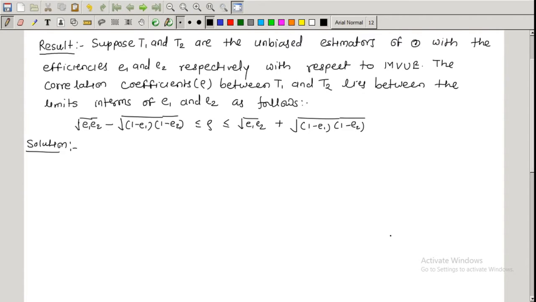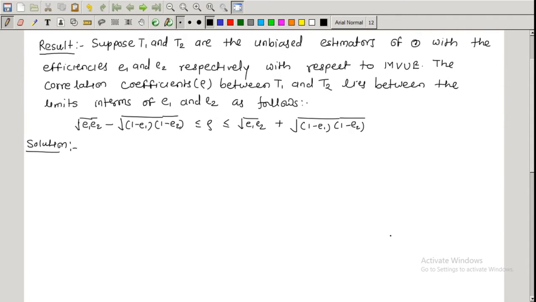So here, the first result is: suppose T1 and T2 are unbiased estimators of theta with the efficiency E1 and E2 respectively with respect to the minimum variance unbiased estimator.